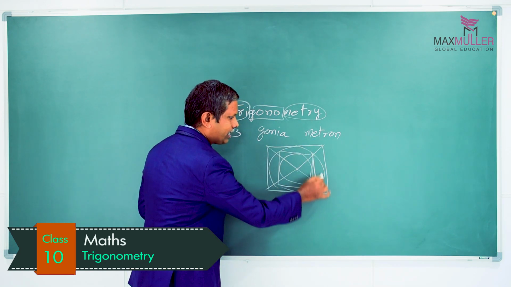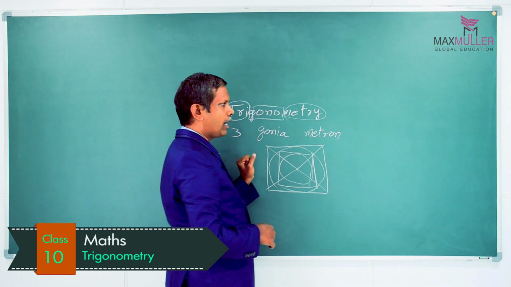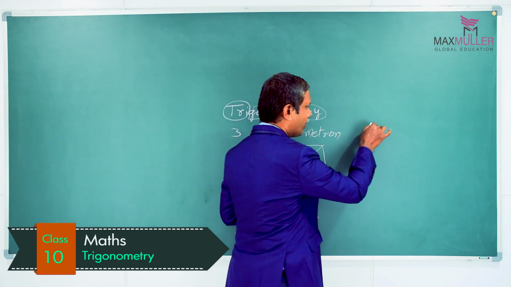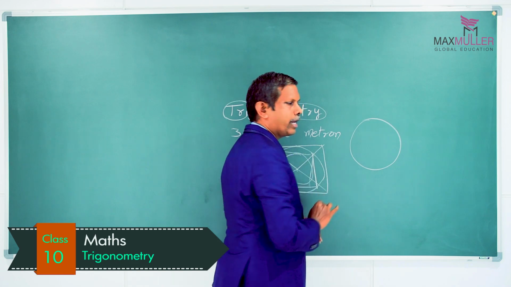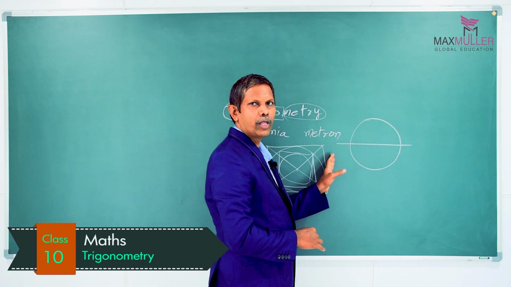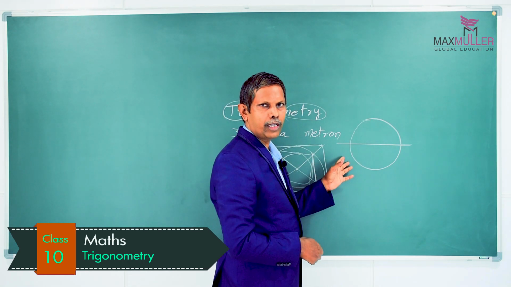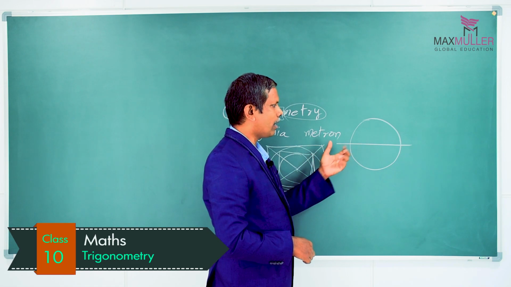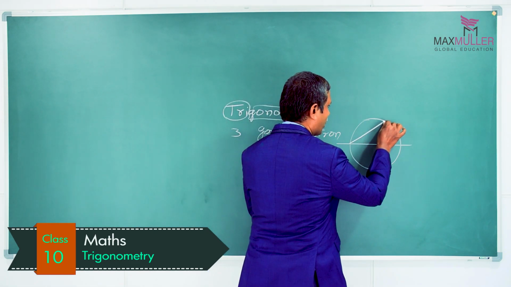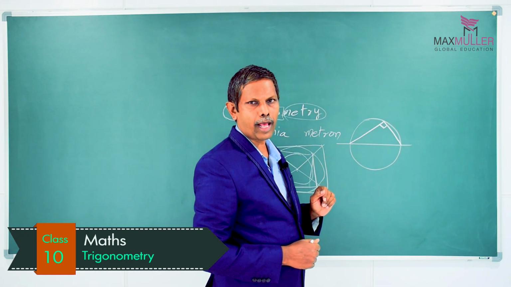In this, we are taking only circles and triangles. First of all, they took a circle and then half of the circle. Why are we taking this half of the circle? If we draw a triangle in this semicircle, the angle in a semicircle is a right angle.